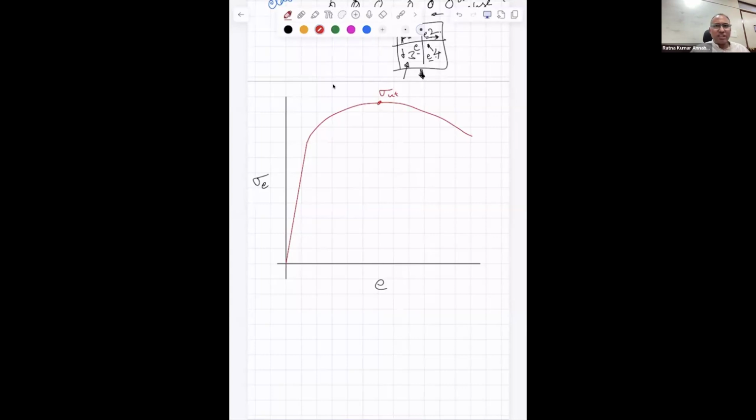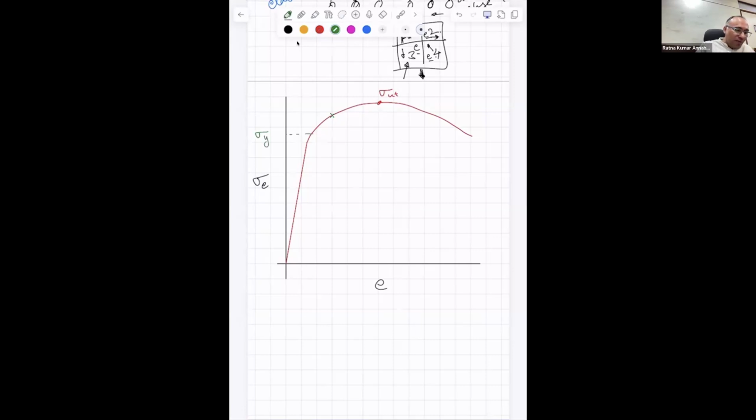Are you able to see my screen? Yes, sir. You can measure sigma y by 0.2% offset yield. Fine. Now, let us say I have a scenario wherein I have loaded the specimen up to here. So let us say this is my sigma y of the material.